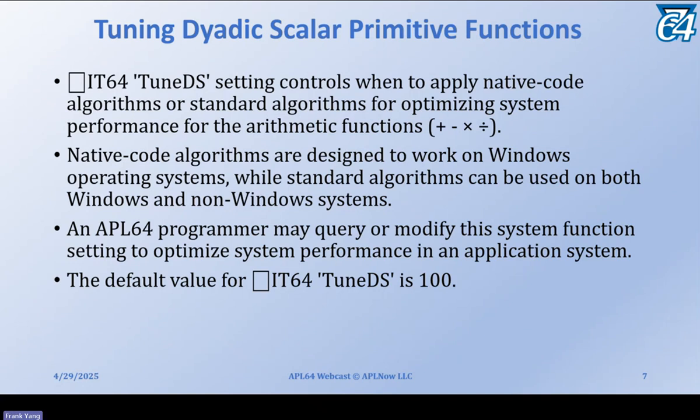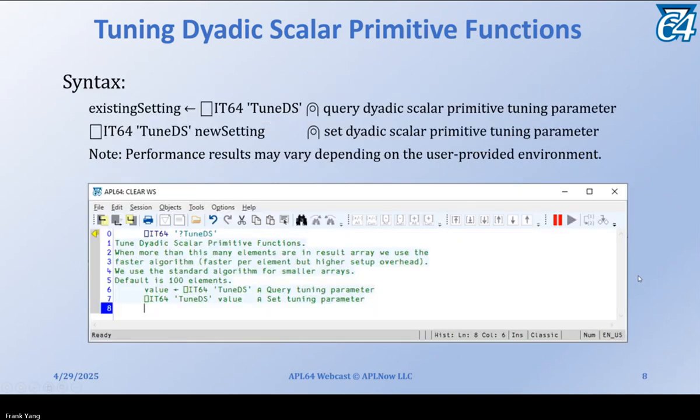The default value for TuneDS is 100. Even though a native code algorithm generally performs better than the corresponding standard algorithm, the setup overhead for smaller arrays may offset the benefit of using a native code algorithm.